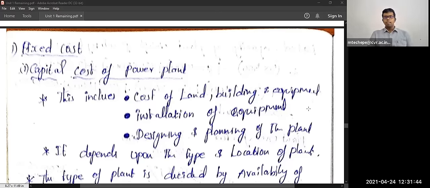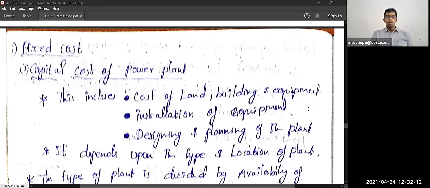From the government, they will allocate it. Say you are a private owning company generating power from that same power plant, you are paying some lease amount to the government, and you have to install an additional new power plant in that particular area.